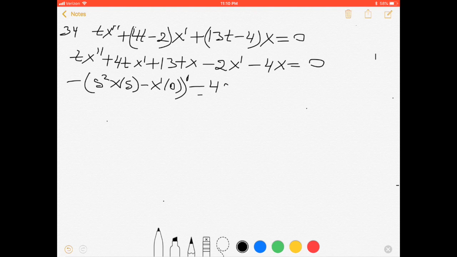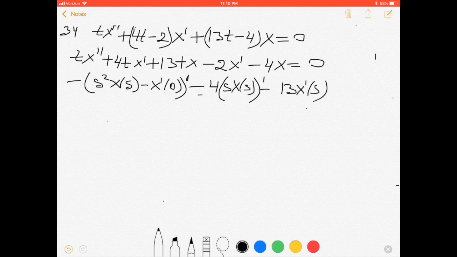And then we need found derivative minus 4s x to the s, and then you need found derivative plus 13x prime to the s. Oops, not plus, it's minus, because formula we have opposite sign.